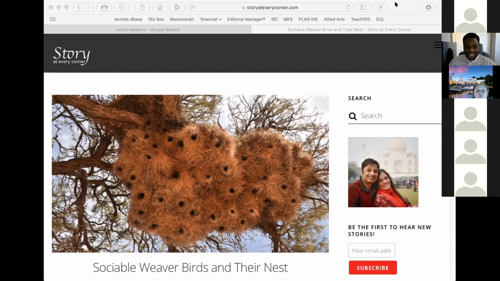Thank you very much. If I'm sharing this, these are what social weaver nests look like. You see them a lot on telephone poles. The thing I find fascinating, other than the absolute scale of them, because I have a picture of one in Namibia that was huge, is that we're still talking about woven straw here.